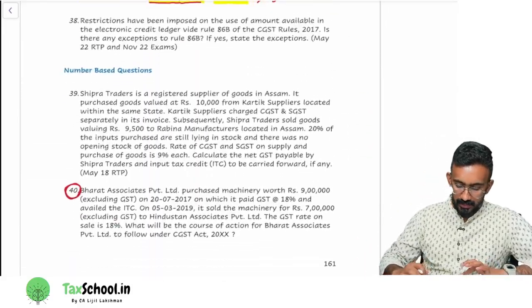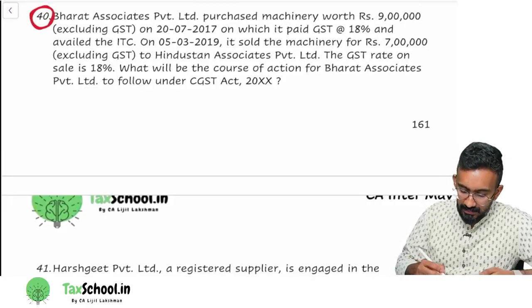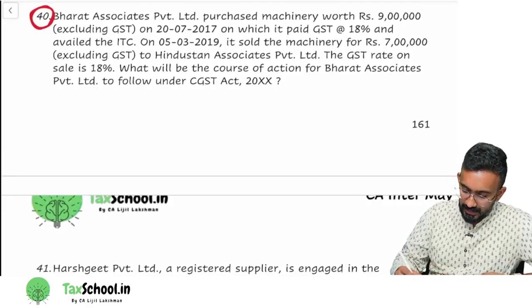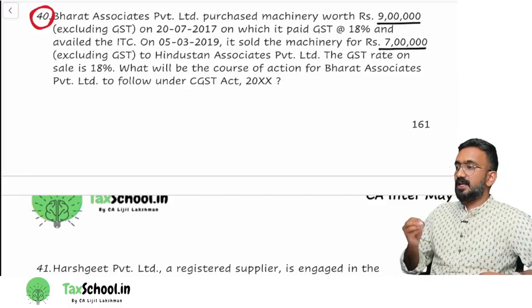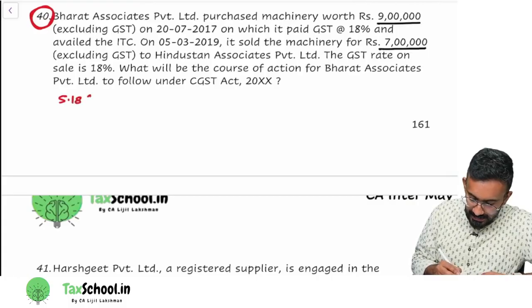Question 40 is what we were looking at. So I have purchased the machinery for 9 lakh rupees and sold it for 7 lakh. This is second hand sale of capital goods. So which section I should apply? Section 18.6 I should apply.